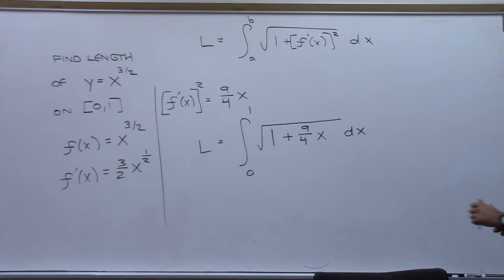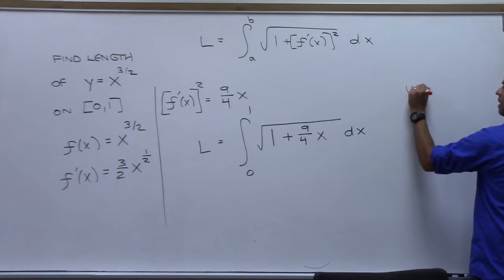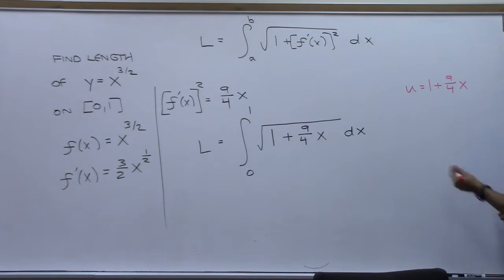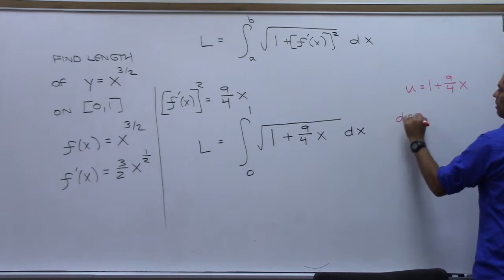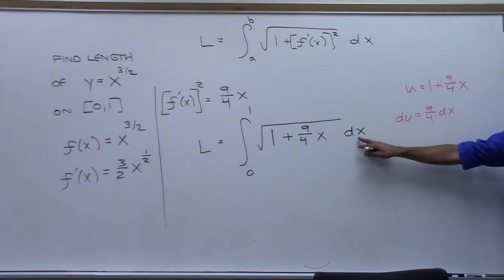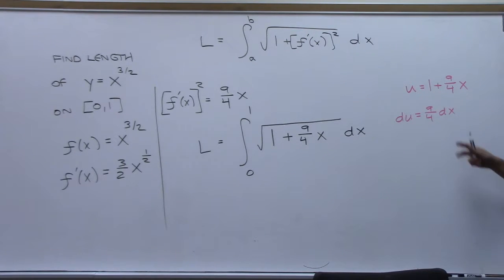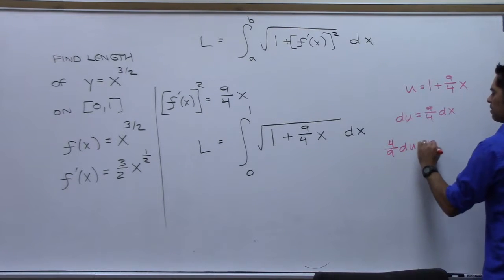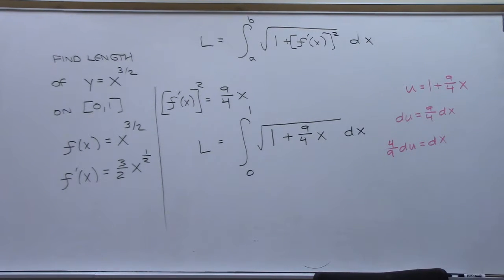How do we do that integration? You could just let u be everything under the root, right? The derivative of that is 9/4 dx. You don't have 9/4, so you could just scale this out, make it 4/9 du is dx. And then all of this integral.